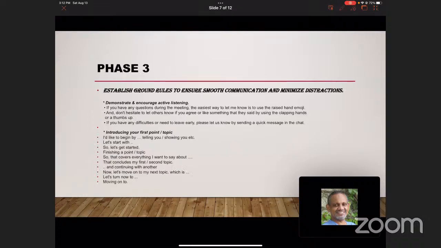Phase 3 is about establishing ground rules to ensure smooth communication and minimize distraction. You should demonstrate and encourage active listening by telling your audience, if you have any question during the meeting, the easiest way to let me know is to use the raised hand emoji, as we all do during this weekly meeting.